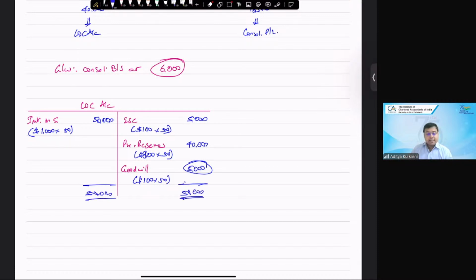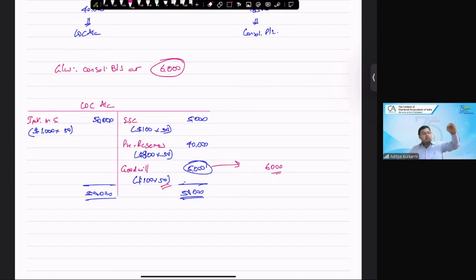Now, what the standard says is, I cannot take the goodwill at 50 on 31st March 24. It has to go at 60. So if it has to go at 60, 5,000 should become 6,000. But if I make 5,000 as 6,000, where will the second effect go? There should be two effects.